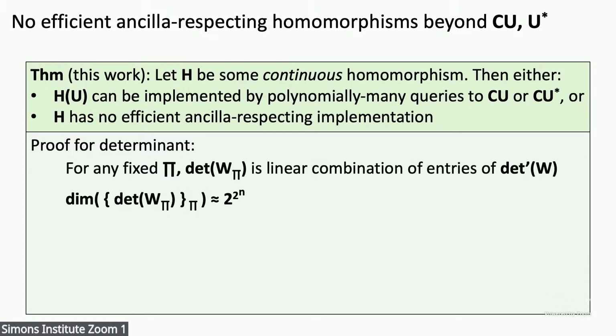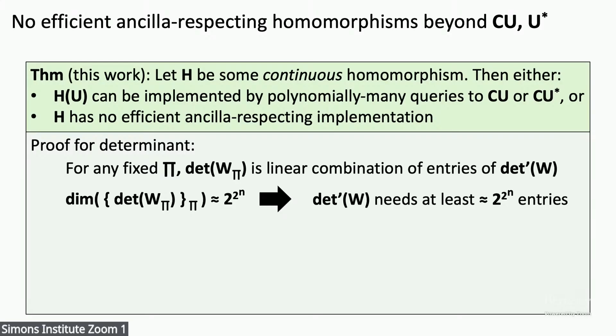Remember, all of these things here are linear combinations of the entries in my matrix, and yet they span a space of dimension 2 to the n. Because of just linear algebra, my matrix det prime of W just exists in some vector space, and somehow, by taking linear combinations, I'm able to span a space of dimension 2 to the n.